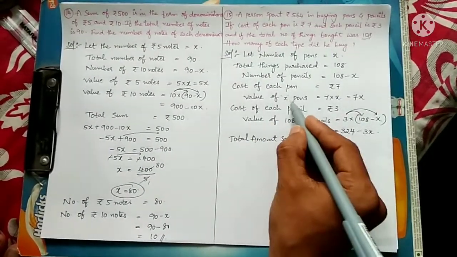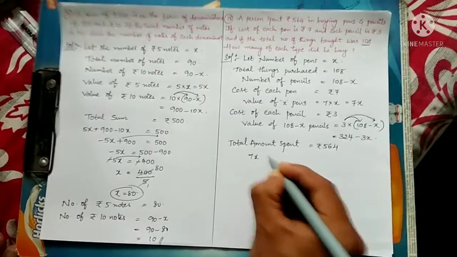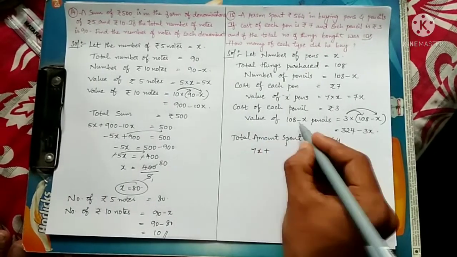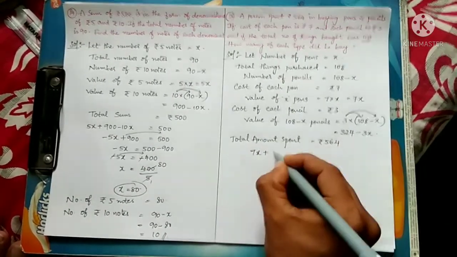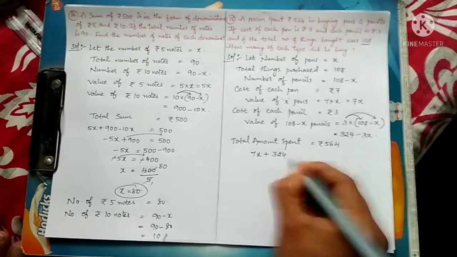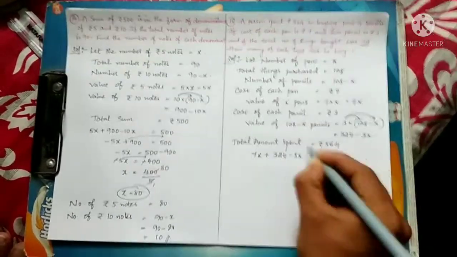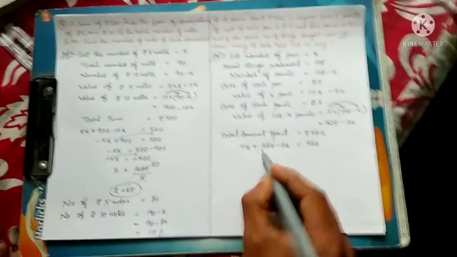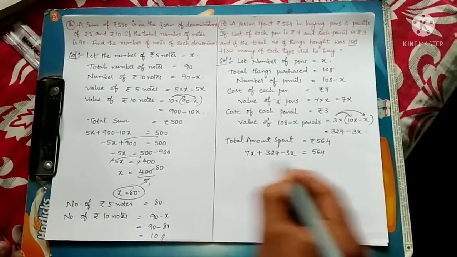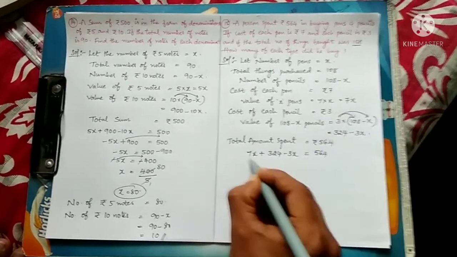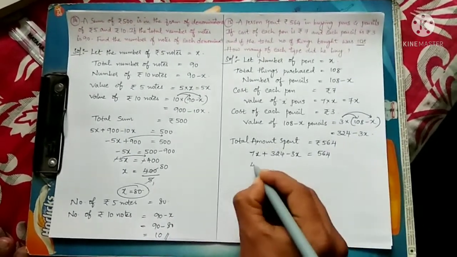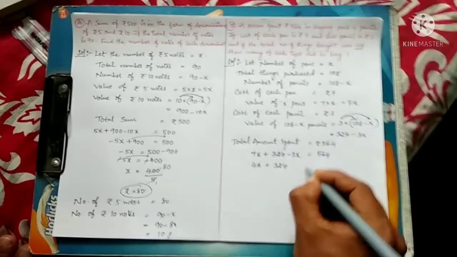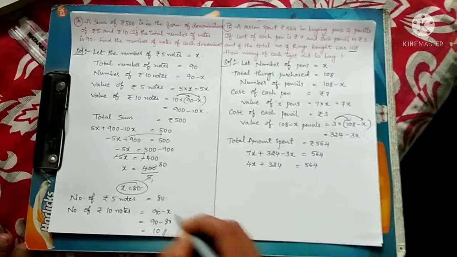So the value of pens is 7x, and total is nothing but the sum, plus the value of 108 minus x pencils, which is 324 minus 3x, equal to the total amount spent, 564. Now you can see we have like terms 7x and minus 3x. 7x minus 3x is 4x. So write this plus 324 as it is, equal to 564.